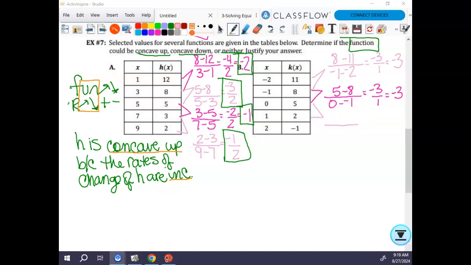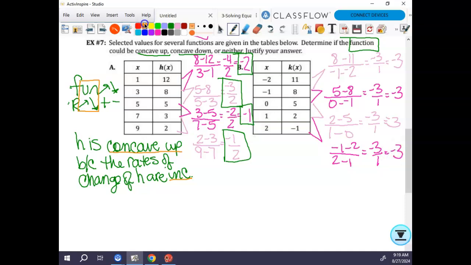So let me continue. Where was I? Okay. 1 minus 0, 2 minus 5. I'm sure y'all are probably done by now. And then 2 minus 1, negative 1 minus 2. Okay.